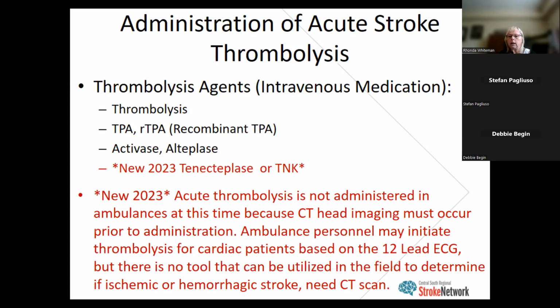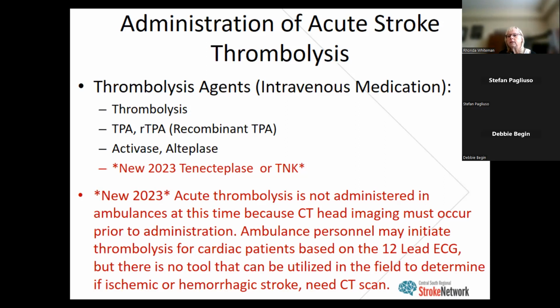There is clarification for the coders that are coding both cardiac and stroke charts: acute stroke thrombolysis is not administered in ambulances at this time, as it is with STEMI, based on their 12 lead. With ischemic stroke, there is no clinical diagnostic tool that paramedics can use to differentiate between ischemic and hemorrhagic stroke, and we really need that CT scan prior to administration.